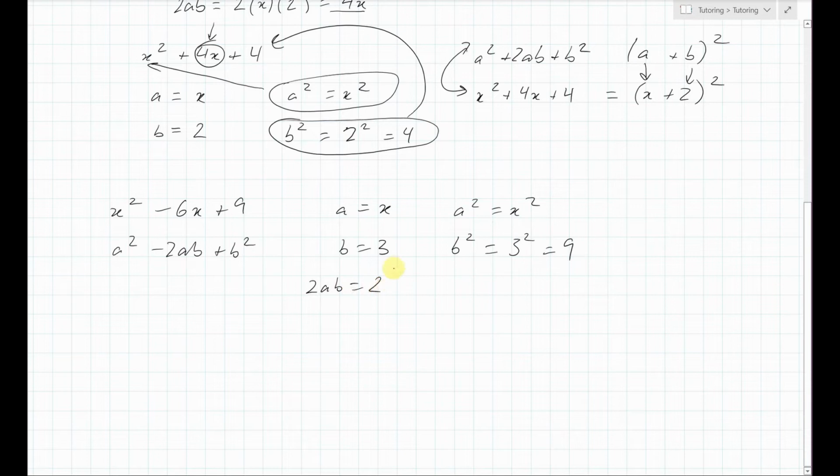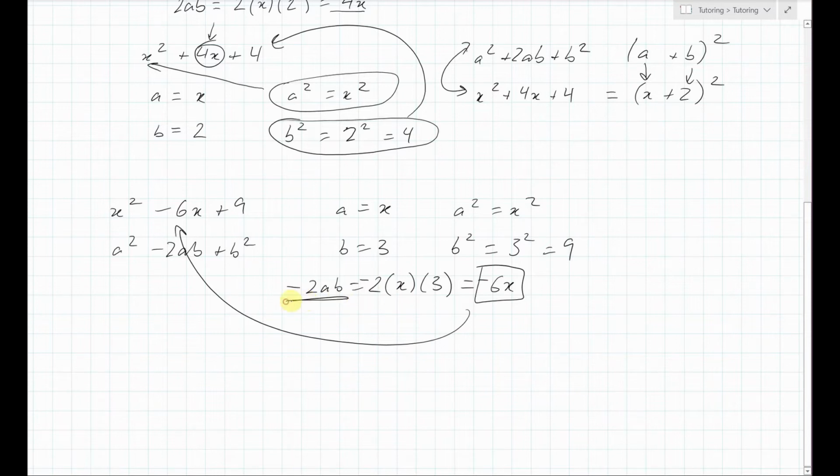This is 2 times a, which is x, times b, which is 3, which is 6x. But in this one we have a minus 6x. And this is also a minus 2 times x times 3, which gives us the minus 6x. So this minus 6x here goes with that minus 6x. So this is our minus 2ab.